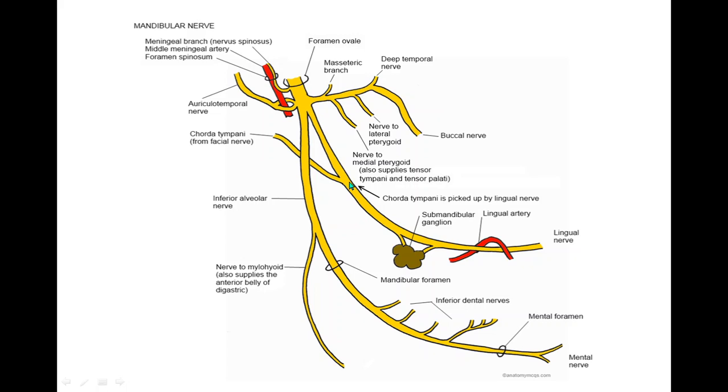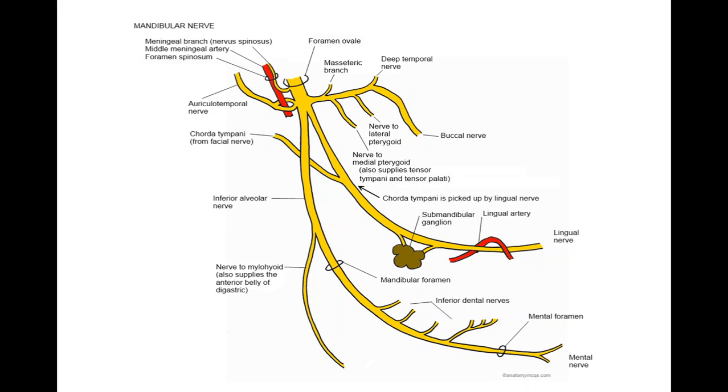One more important point I want to stress here is the joining of the chorda tympani nerve with the lingual nerve. In this infratemporal fossa, just to recollect from the class on the infratemporal fossa where you studied, the chorda tympani branch of the facial nerve joins the lingual nerve.